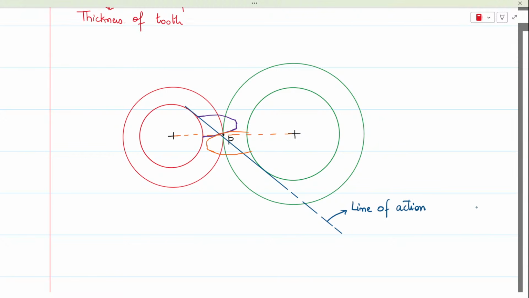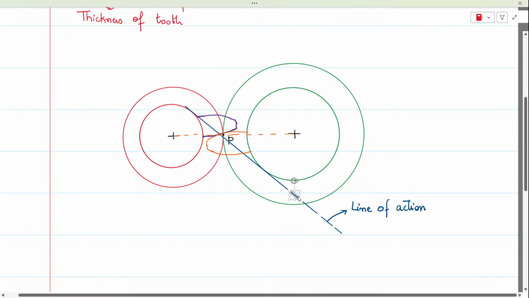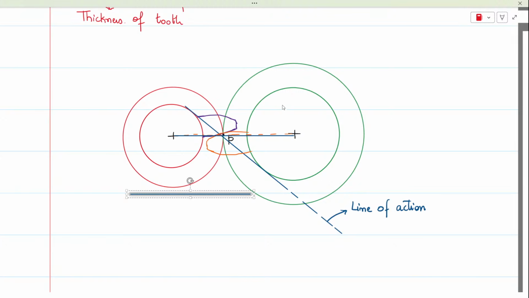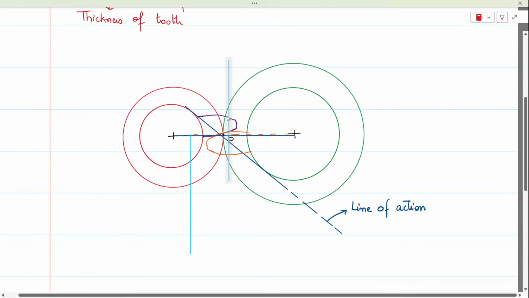Now if I draw a line perpendicular to the line joining centers, and if I rotate this by 90 degrees, it becomes vertical, and this will be the line joining centers.